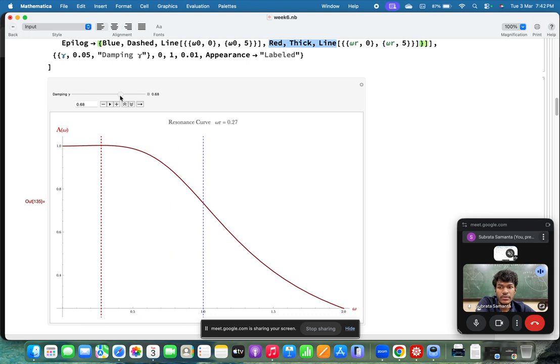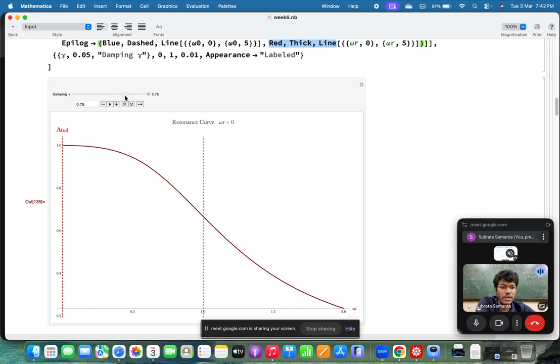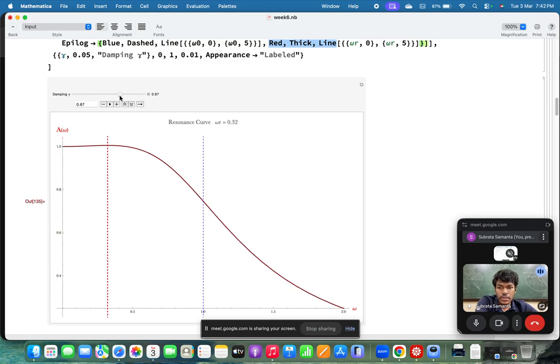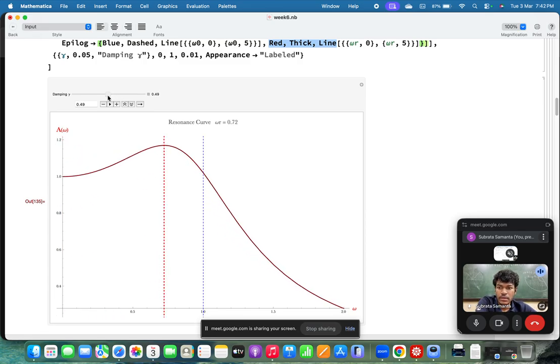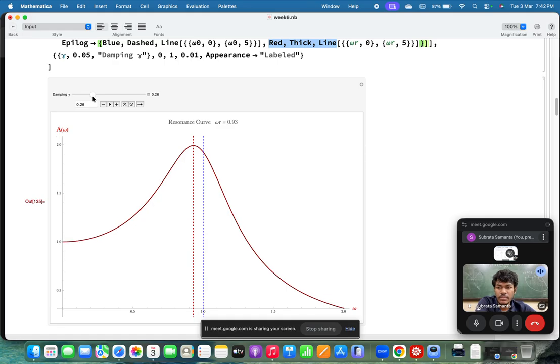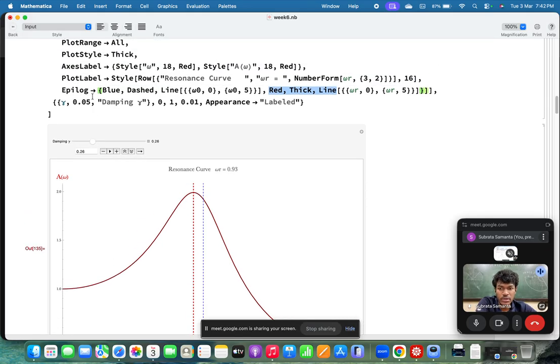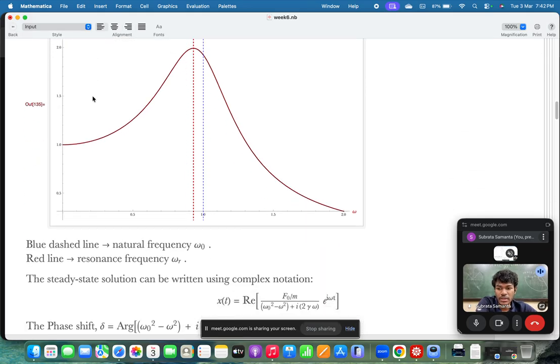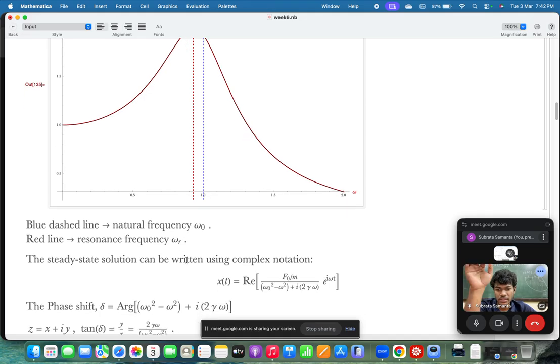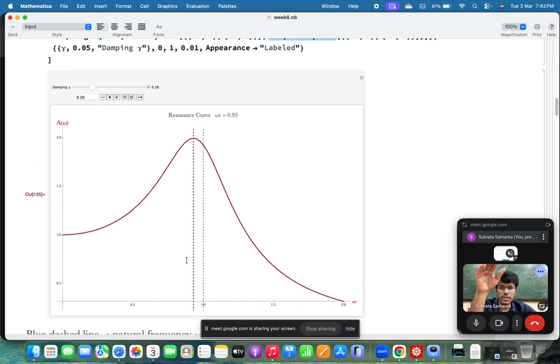At some point there is no resonance, only the temporal part. This is the reason Manipulate can help you visualize such things in Mathematica. The blue dashed line is the natural frequency, and the red line is the resonance frequency omega r.